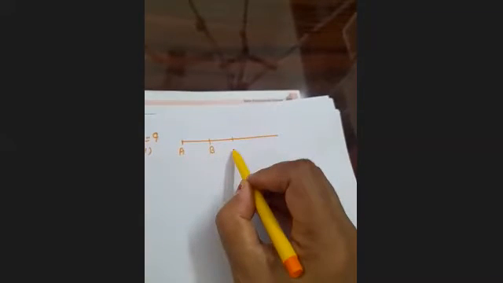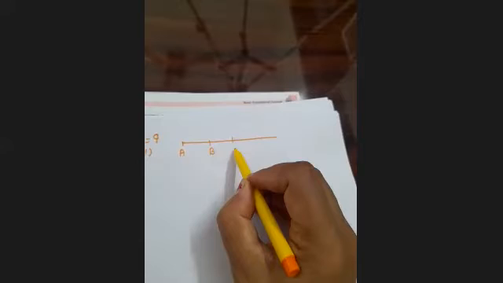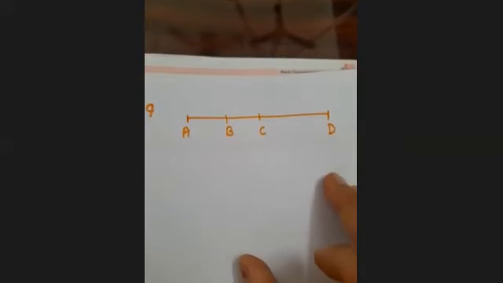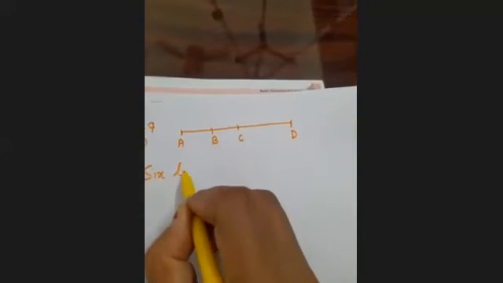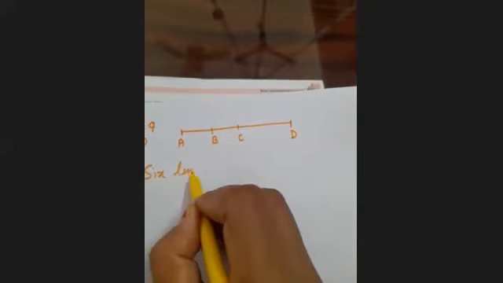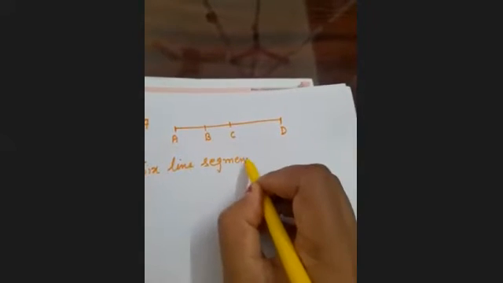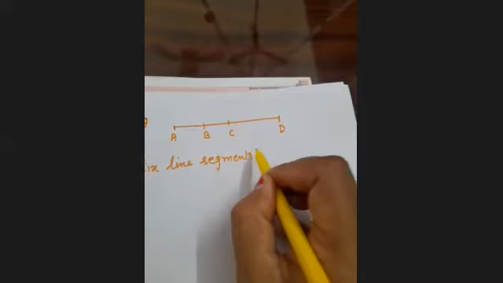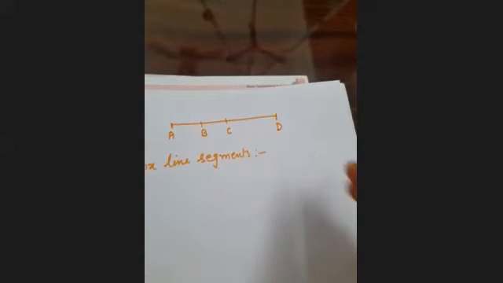Now your figure is this: points A, B, C, and line segments. Yes, friends. Now in this figure we have 6 line segments. So write 6 line segments.